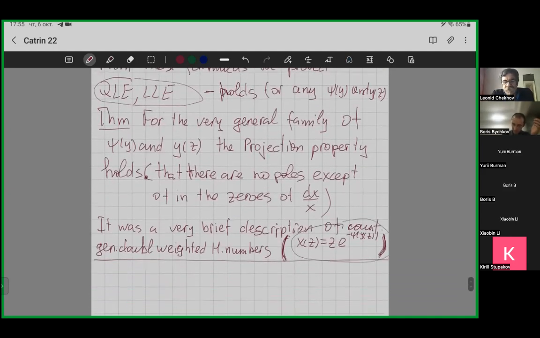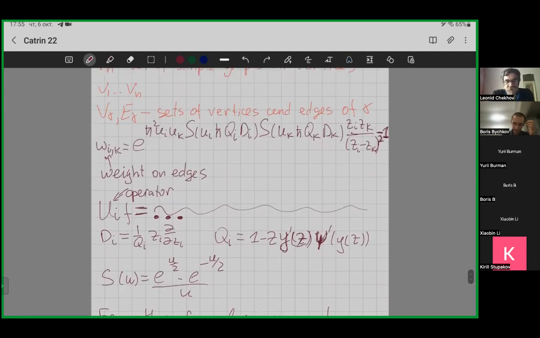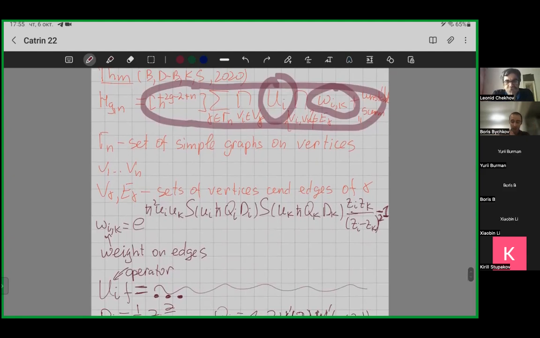Second, yes, these graphs actually contain some finite number of elements, vertices and edges, right? Yeah. And then, of course, the next question is, these omegas come from this exponent of the quadratic differential operator. Yeah.